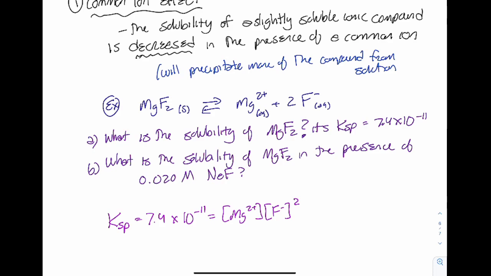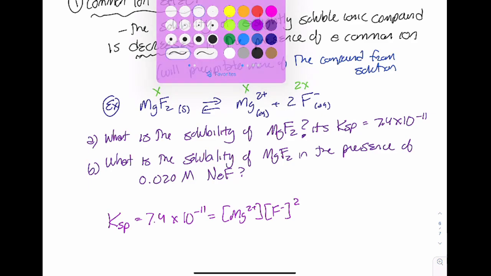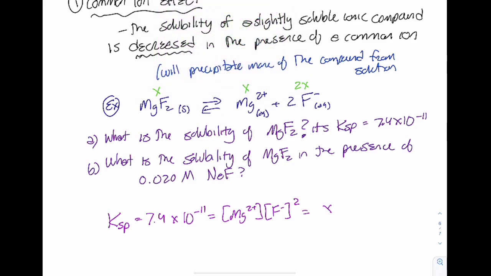If this is x, magnesium is also going to be x because it's a 1-to-1 ratio. And then my concentration of fluoride ions is actually going to be 2x, because for every 1 magnesium ion there are 2 fluoride ions. So plugging those in, I have x for magnesium, and 2x for fluoride, and we do need to square that.